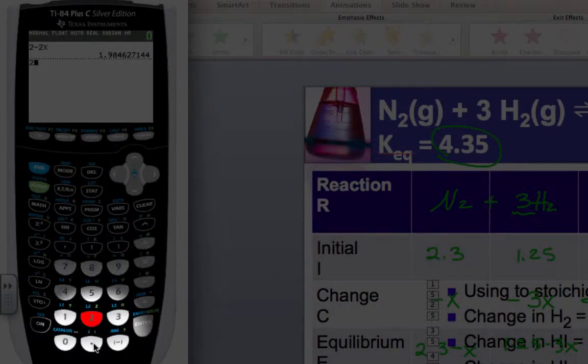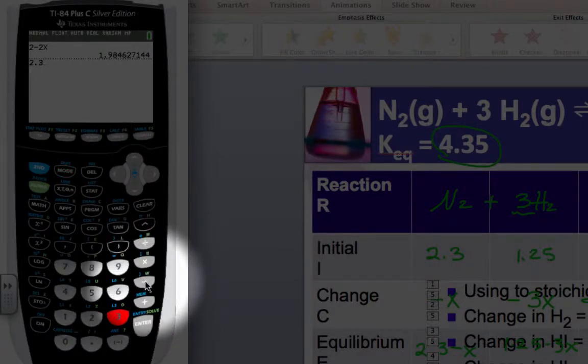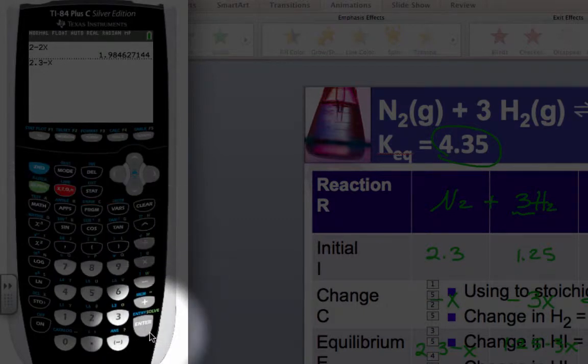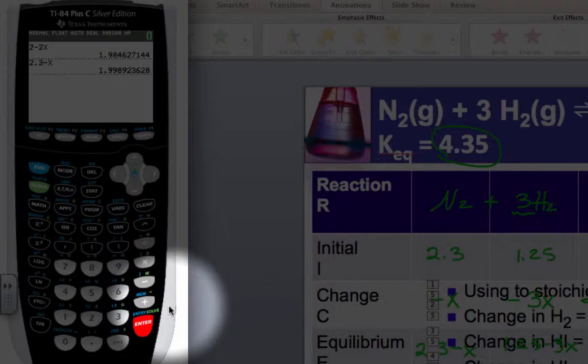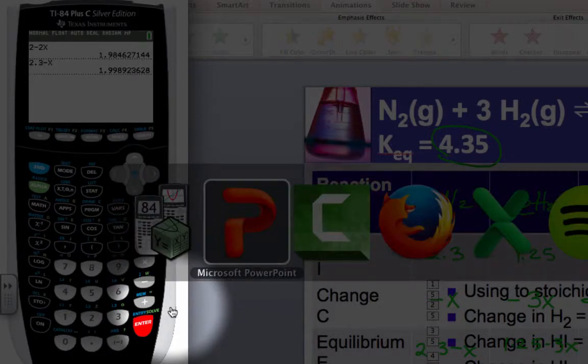So I do 2.3 minus my variable x and enter. So nitrogen is 1.9989989. So where do I write that down? Let's just call that 2 molar because I only get to keep 2 sig figs.